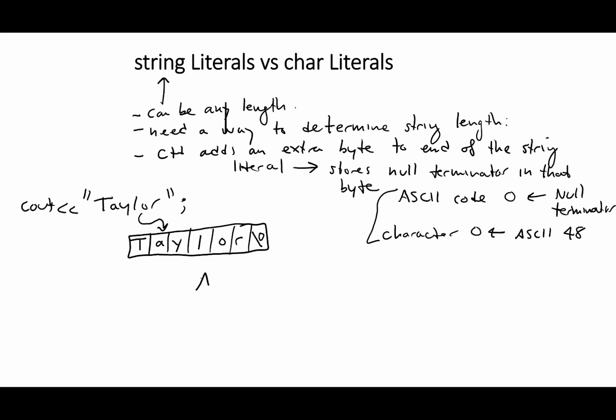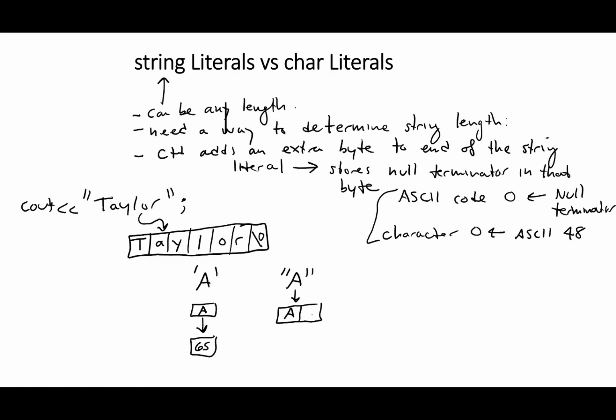So let's say we have A, so this is a character, and let's say we have A as a string. They look the same, but they're stored differently. The character A is going to be physically stored as 65, but the A, since it's a string, is going to have an extra byte added to it for the null terminator.